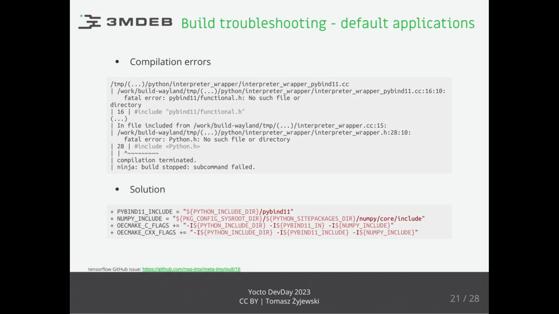Another example is from one package used from one of the external layers. The recipe was not built correctly, even though we didn't provide any kind of custom changes to it.